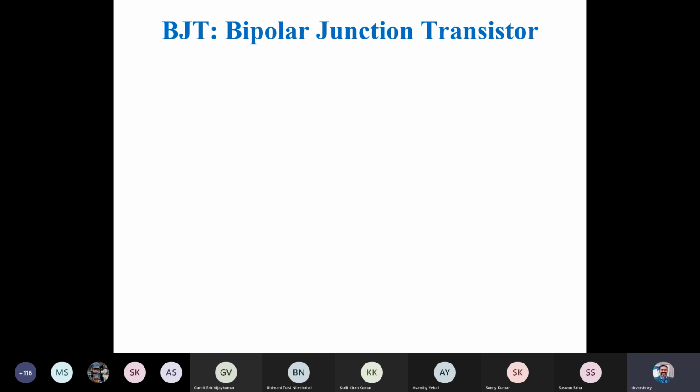So what does BJT mean? First of all, it is an active device. Active device means it always needs external power, a battery or external power source, to keep it functioning. That's very important.